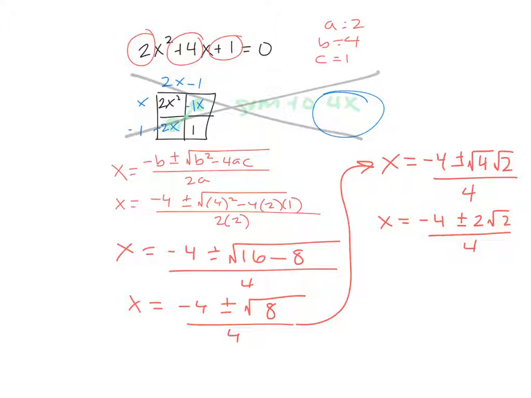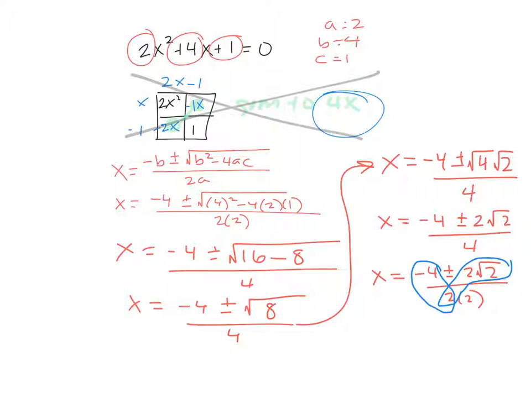So when I'm looking at this, I can't quite divide everything by the 4 that's in the denominator, but I can think about the 4 as a 2 times 2 and think about dividing both negative 4 by a 2 and the 2 root 2 by a 2. And so that will cancel that 2 out.